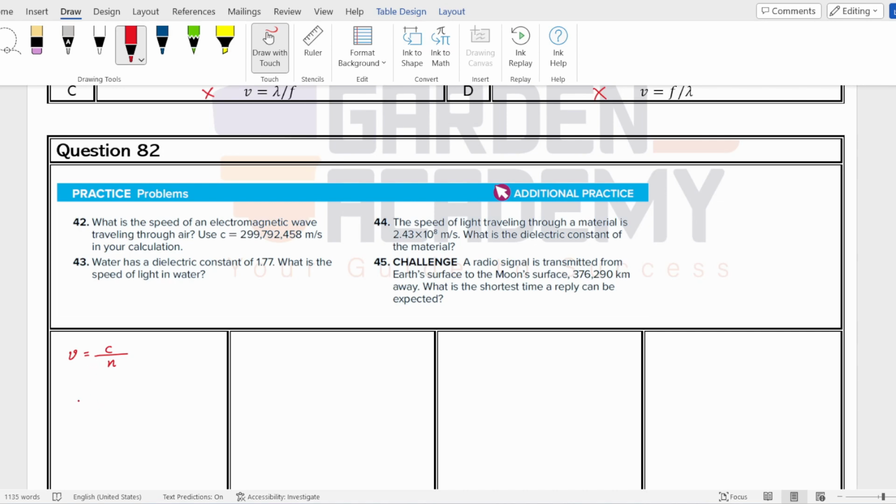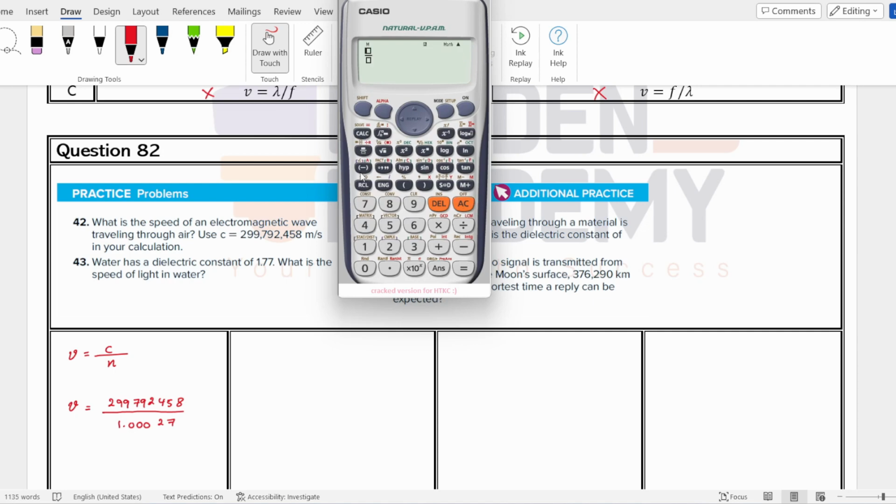So if we want to find V, it's equal to the value of C, which is 299,792,458 divided by N, which is equal to 1.00027. And if we use the calculator for this, we get 299,792,458 divided by 1.00027.